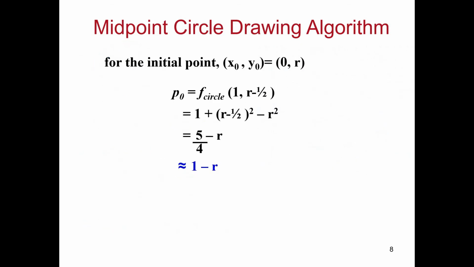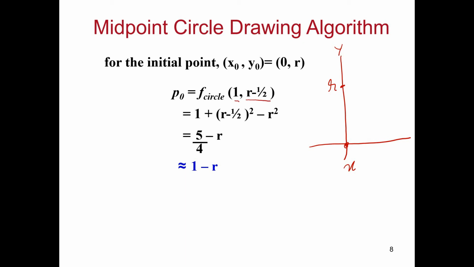Alright. Initially, we have a point (0, r). It means 0 on the x-axis, r value on the y-axis. So when we try to find the decision parameter initially, we will have 1 minus r.